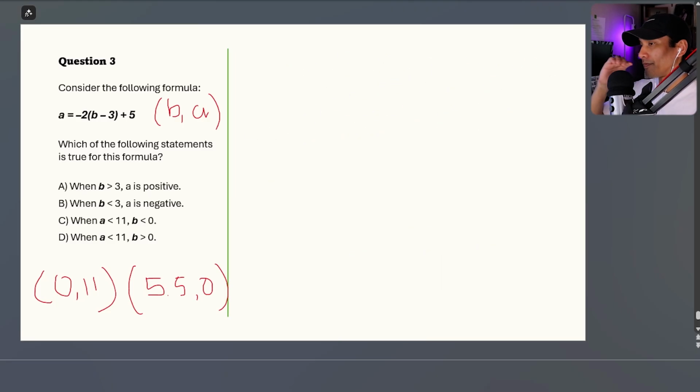Before we move on, let's deal with these inequality symbols and understand them. This right here, when b is, what does that mean right here? And when b is this, okay, I'm going to tell you, this equals greater than.